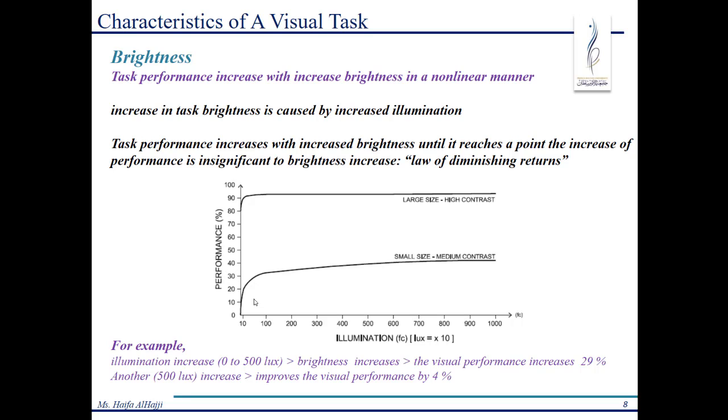performance. So as we can see, this is corresponding to the fact that we as humans, we see clearly at 500 lux. Anything above that, we'll see it better, but it's going to be seen insignificantly by our eyes because our pupils, at very bright levels, let's say above 500 lux or 1,000 lux, will start to adapt to lower ratios of brightness, and then we'll see the task almost the same at these levels.